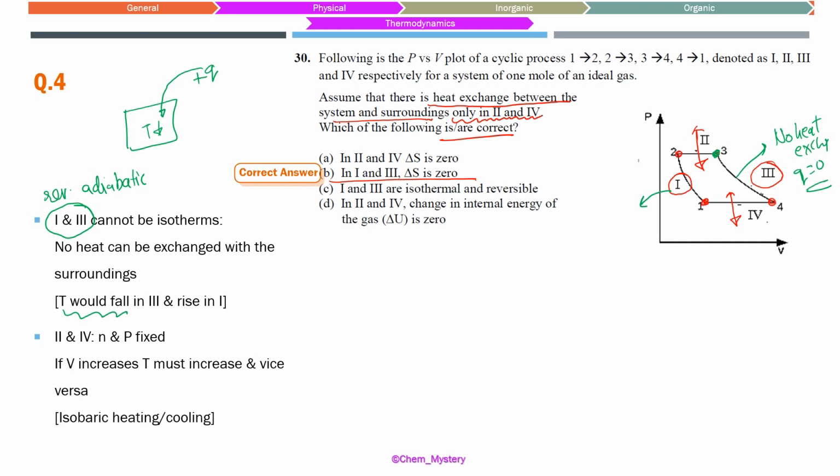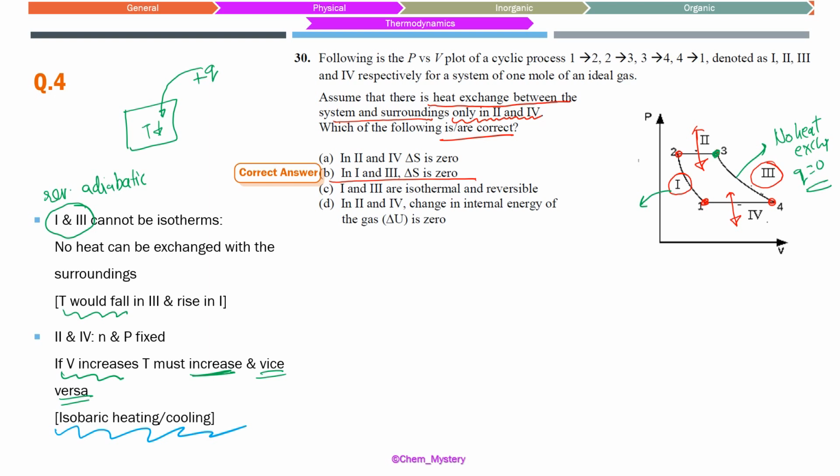It had to be a closed container, which is what qualifies the condition of heat being exchanged or not. If the number of moles is fixed, and for process number 2 and 4 pressure is also fixed, then in process number 2, volume is increasing, so temperature must increase. And when we go to process number 4, temperature must decrease. That condition qualifies these processes as isobaric heating as well as isobaric cooling. So now we have an idea what processes are going on.